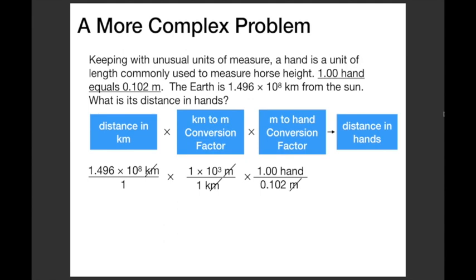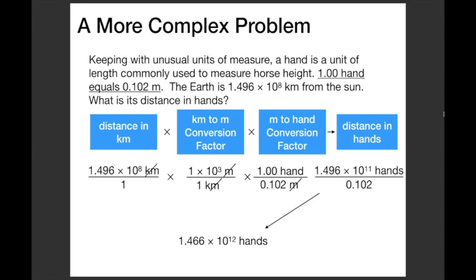Multiplying these 3 through, we get 1.496 times 10 to the 11 hands, divided by 0.102. Going through and doing the arithmetic, we get 1.466 times 10 to the 12 hands.